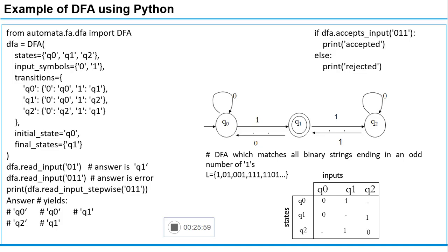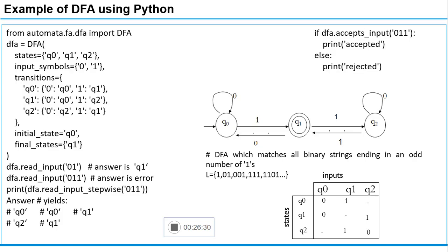The next thing we have to represent is this in a table. So we have seen a transition diagram, we have seen the language, and now we have to see how the transition table is written. We have mentioned all the states both horizontally and vertically. Now see, q0 reading 0 is moving to q0 itself.